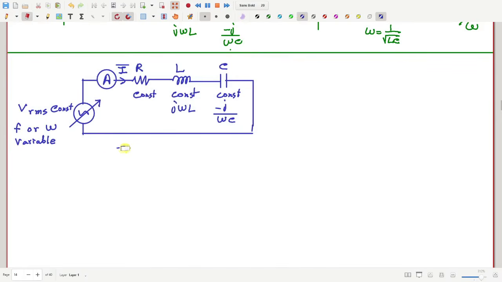Okay, so suppose we have this circuit, we want to draw a phasor diagram representing the voltages and currents. Okay, so let me call this voltage V bar, plus minus from here to here. Okay, then how do we draw the phasor diagram?